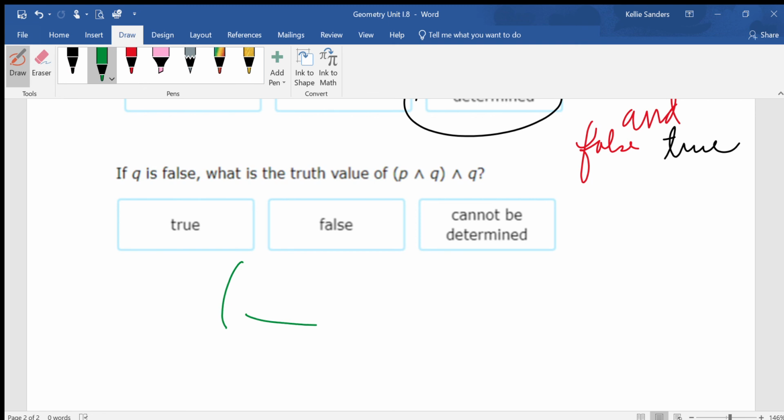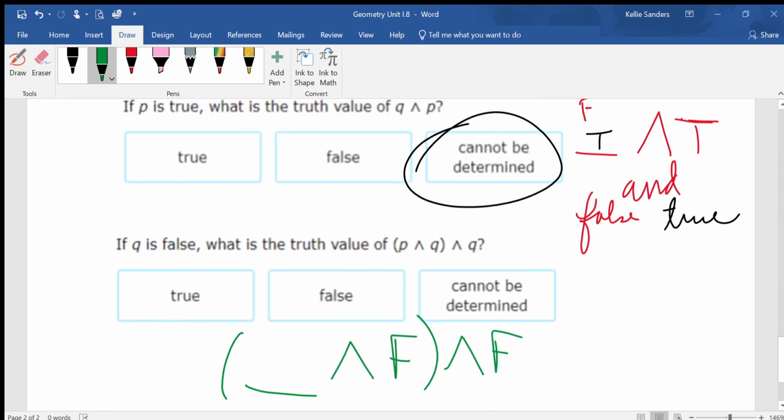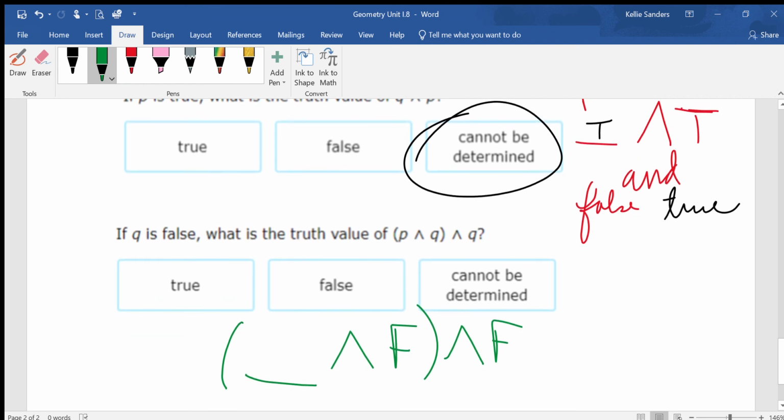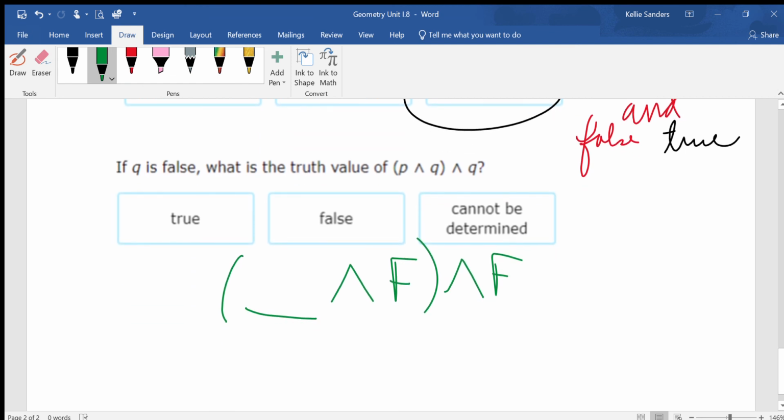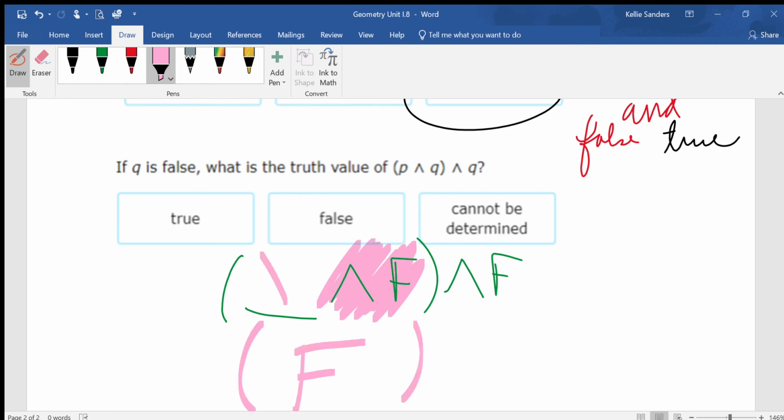P, we don't know, and Q, which is false, and Q, which is false. So what we just did kind of have the backwards of it, but because this is an and false, then we already know that this is going to be false no matter what this is.